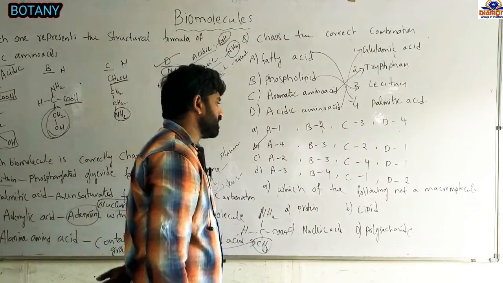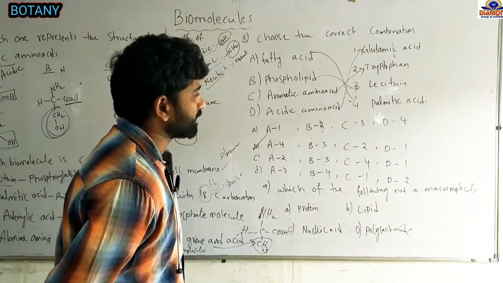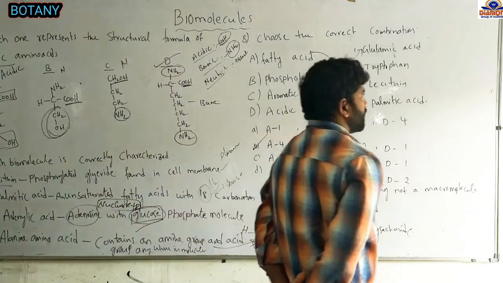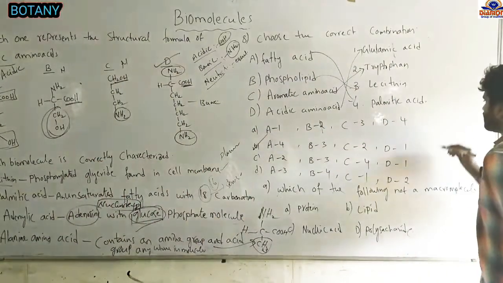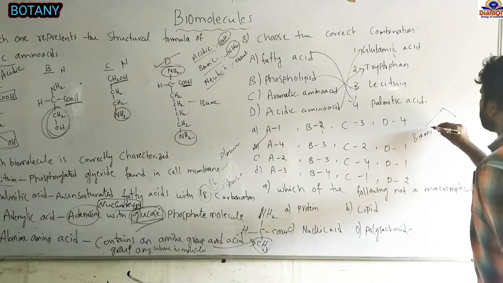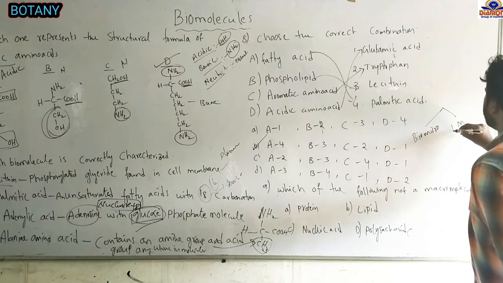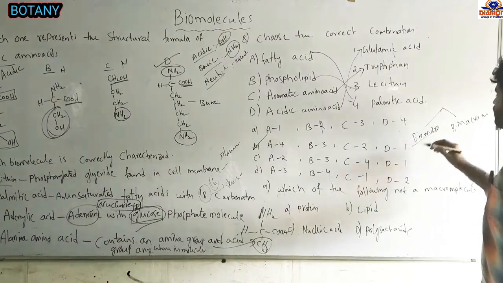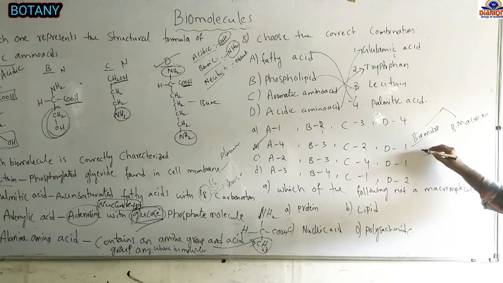The next question, which of the following is not a macromolecule? Here biomolecules are classified based upon weight into two types, biomicromolecules and biomacromolecules. Biomicromolecules have less than 800 Daltons weight.